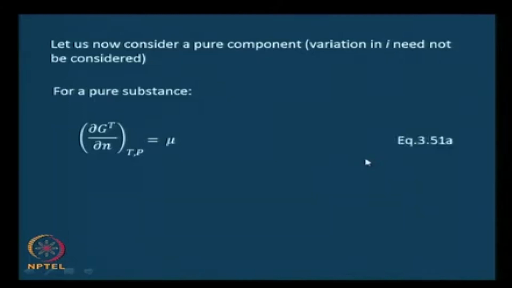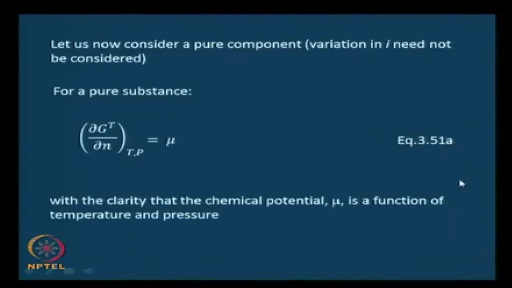Let us call this equation 3.51a, and we need to be clear here that chemical potential is a function of temperature and pressure too. It is just that it is being held constant here, and we are defining it as the chemical potential.